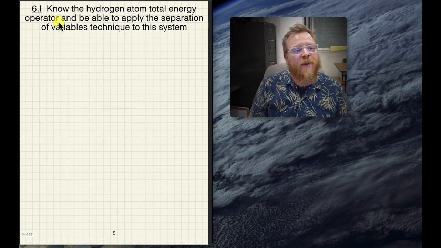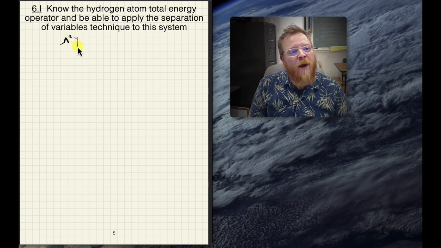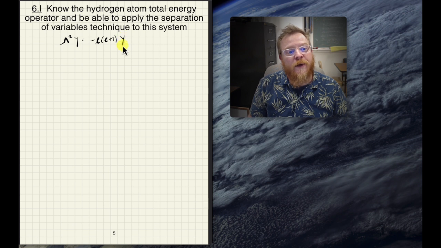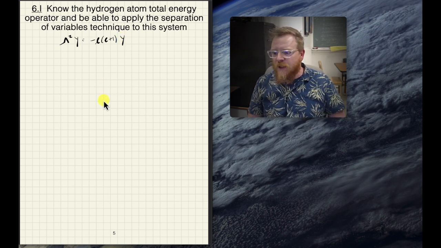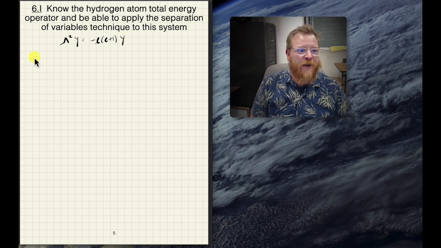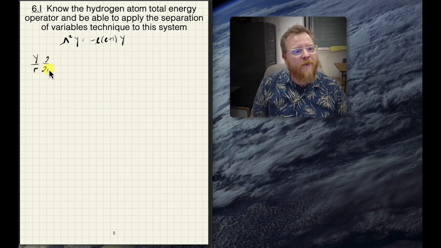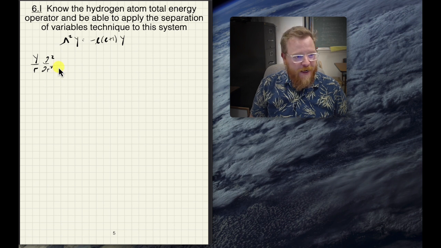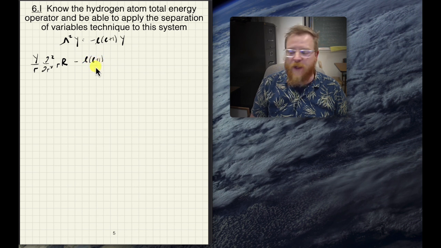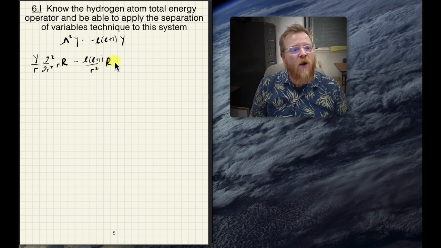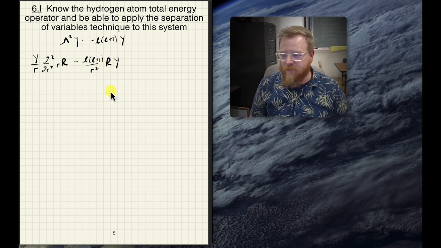So we note that the Legendrian squared operating on y just gives us -L times L plus 1 times y. So let's put that result in here. So we're left with y over r times the second derivative in r of r, minus, now we can put this chunk in, L times L plus 1 all over r squared times r times y.